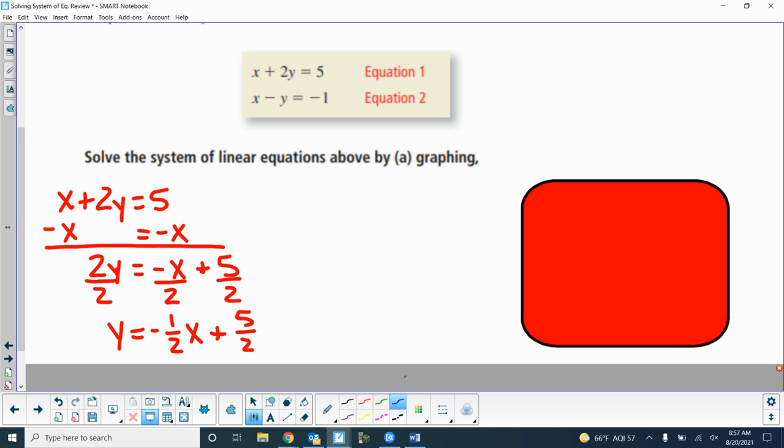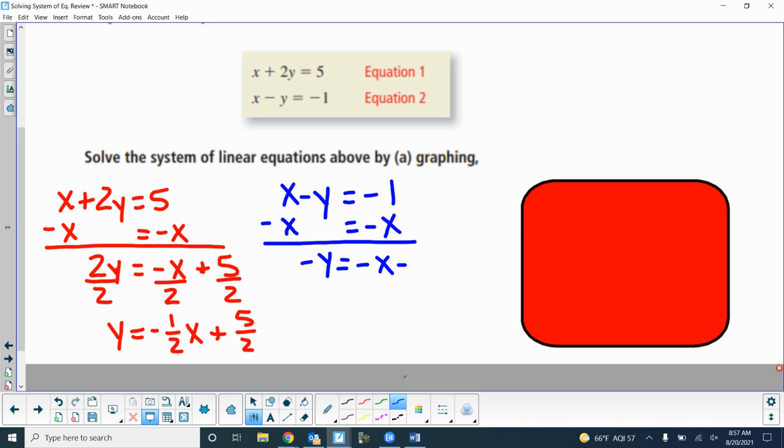Okay? We're going to do the same thing for the other equation. To get y by itself, Spencer, what do I do first? Yep, subtract the x. And this is negative y still. So, Nick, what would I do now with that negative 1? Well, this means negative 1 times y.